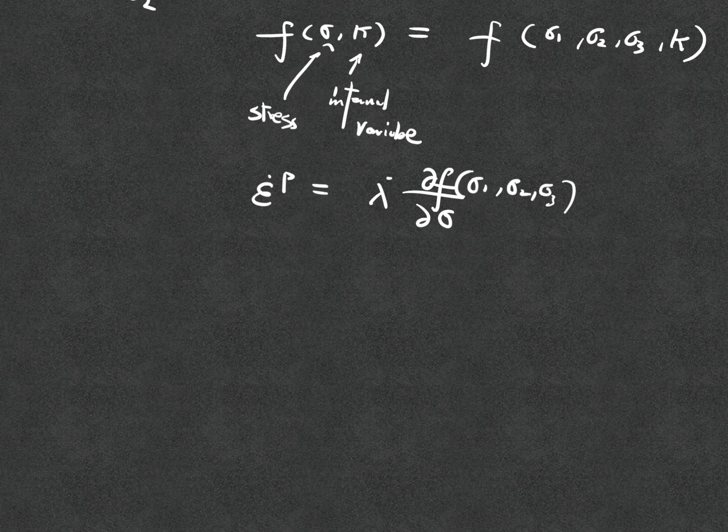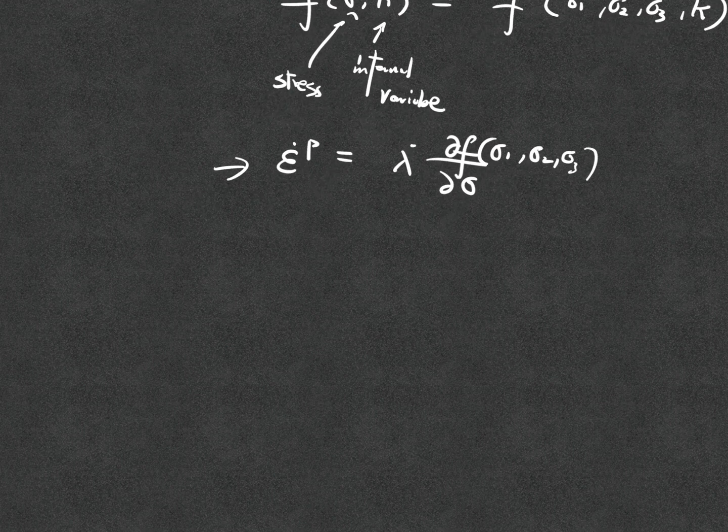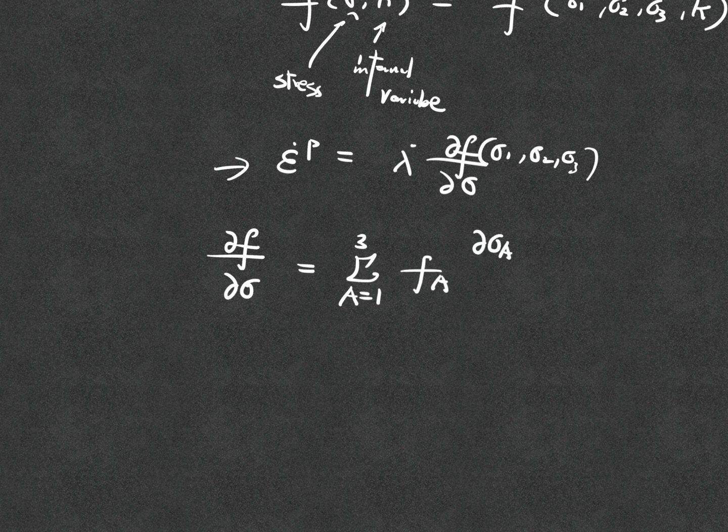So the first thing I want to use the spectral representation for is to compute the plastic flow and the stress gradient. And let me assume an associative flow rule. In this case, the stress gradient would be equal to FA times the partial derivative of sigma A with respect to the stress tensor.